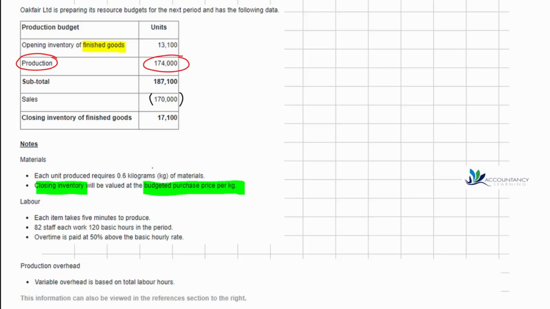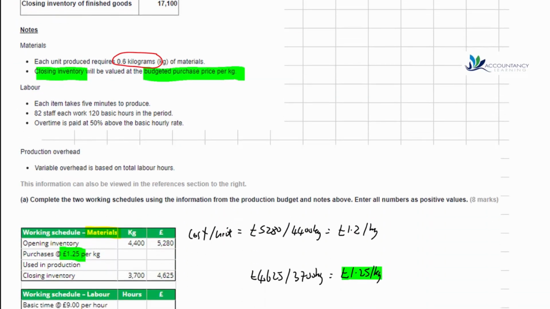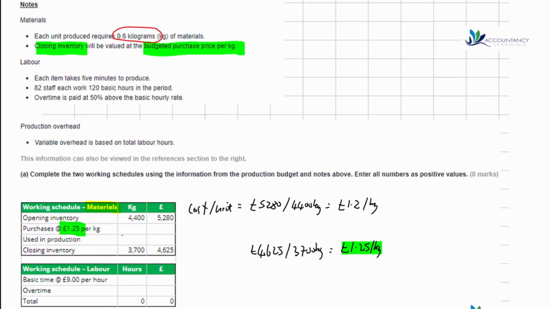That's units, but we do know that we use 0.6 of a kilogram for each unit that we make. So if we take our 174,000 and multiply by 0.6 of a kilogram, that gives us 104,400 kilograms. Okay, so that's the figure that we need to include in our answer.